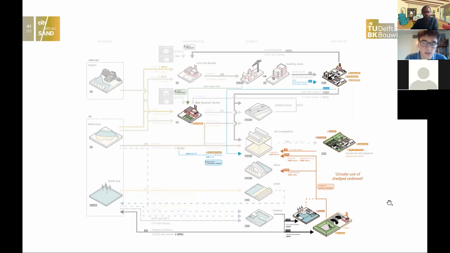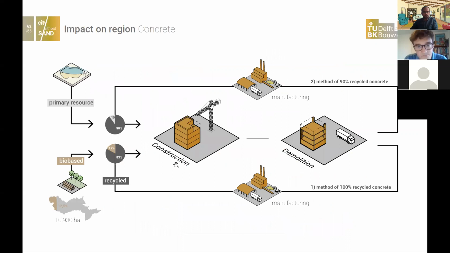So that's the end image, and this shows how urban design can reduce the demand for primary sand and gravel in the region. This also shows how much we can use.